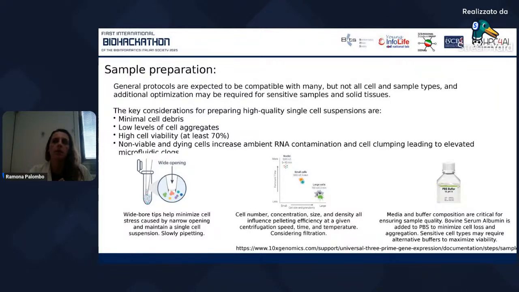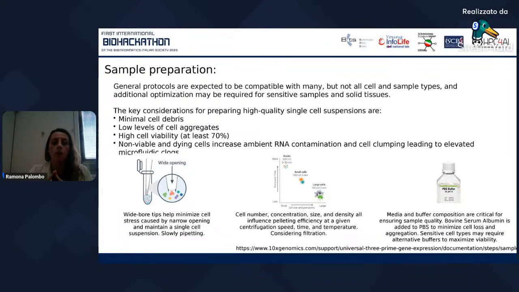It's better to be aware of the integrity of the cells, because a cell that is stressed or has lost its integrity can release DNA or RNA in the solution, and so I can have high background noise.